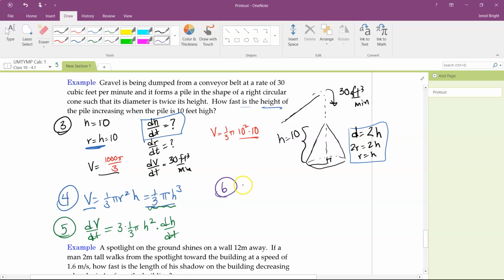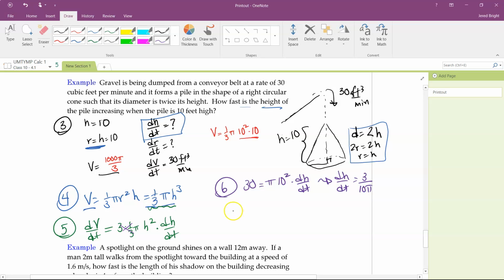So dV/dt is 30. And then we have these two canceling out. So I'd have pi times h squared, so 10 squared times dh/dt. And then if I solve, this just gives me that dh/dt is 3 over 10 pi.